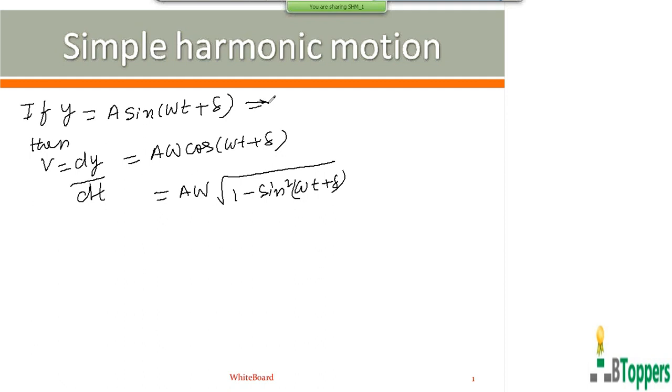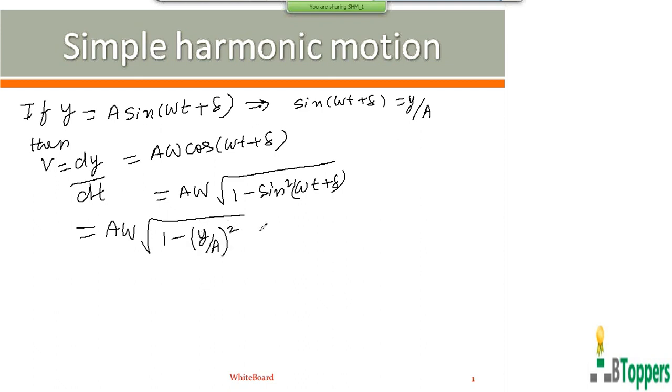From this equation, sin omega t plus delta equals y by a. So if you write sin omega t plus delta equal to y by a here, you get a omega into root of a square minus y square divided by a.